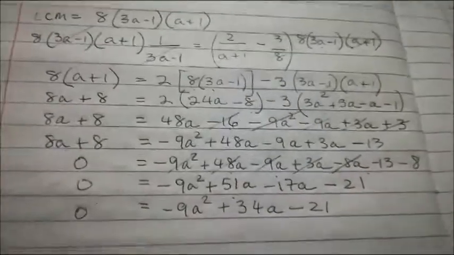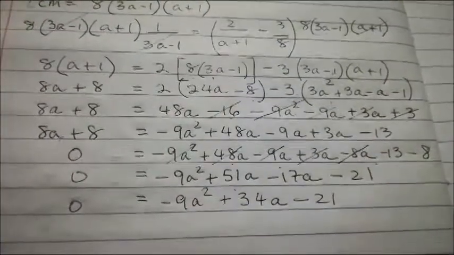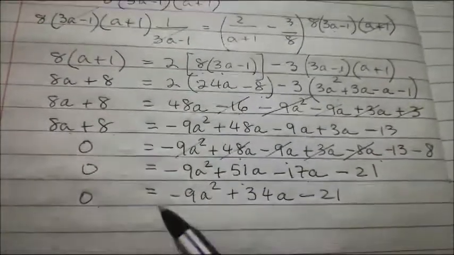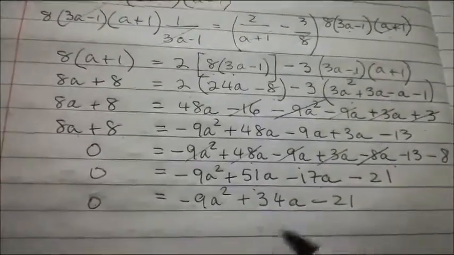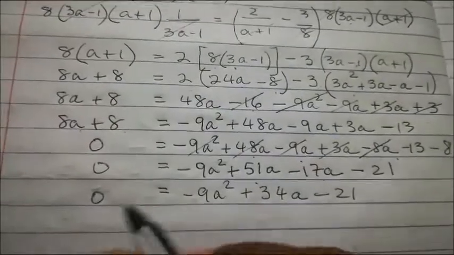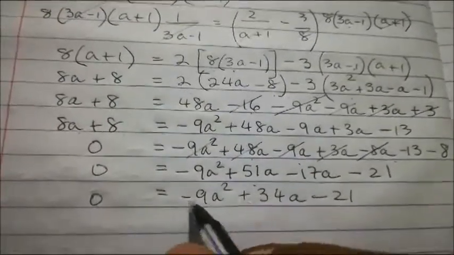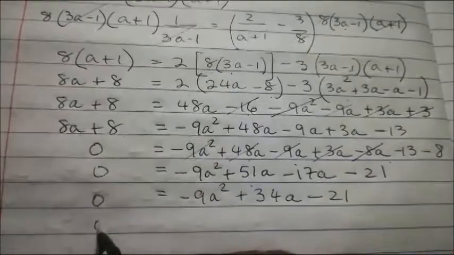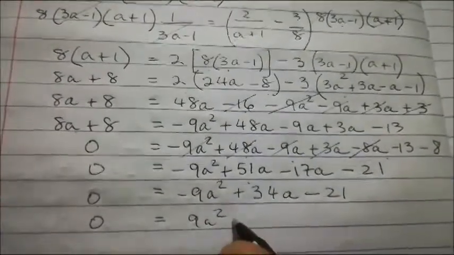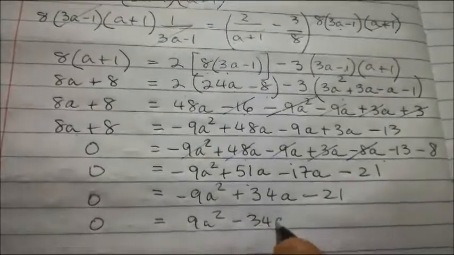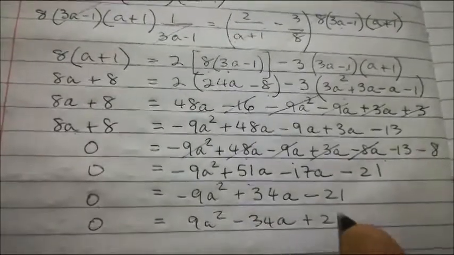From here, what we do now, it's difficult to solve quadratics with a negative a value. So we're going to switch the signs. We're going to change the sign, right? So all of these signs will be changed. So 0 is still going to be equal to 9a squared. This becomes negative 34a. And this becomes a positive 21.